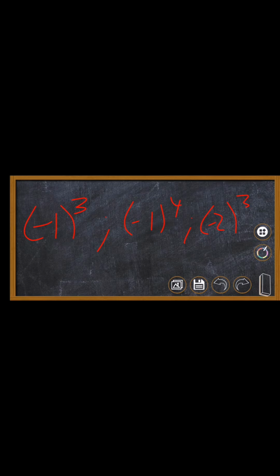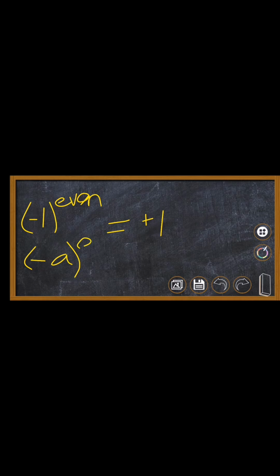Whenever you raise your negative base to an odd number, and odd numbers can be 1, 3, 5, 7 and so forth, our answer stays negative. But when you raise your negative base to the power of an even number, you get a positive answer.